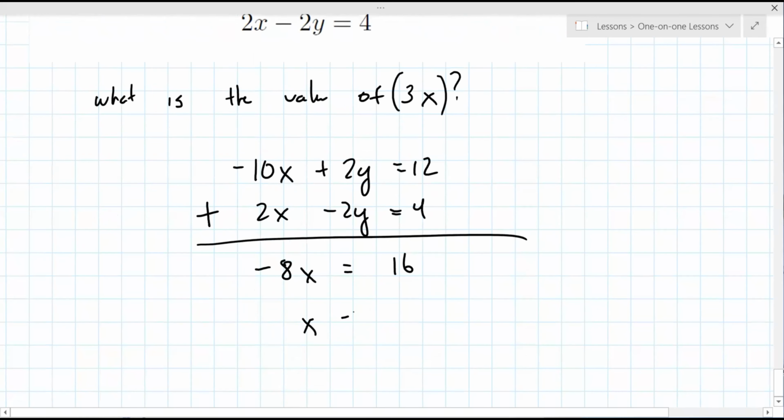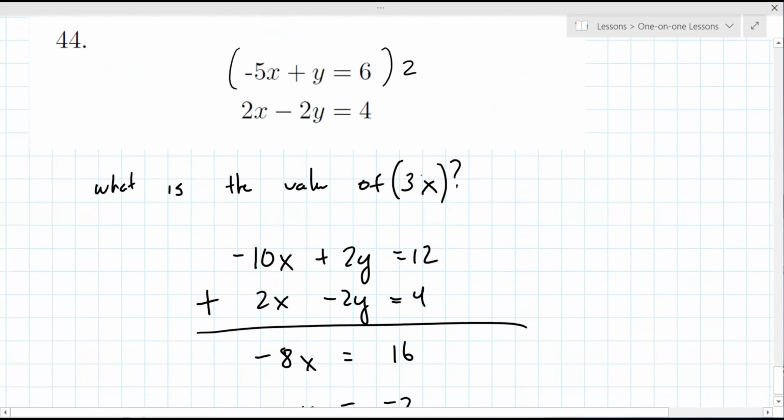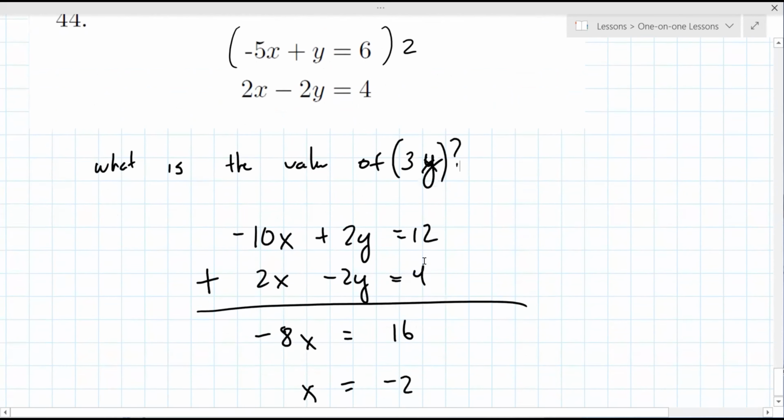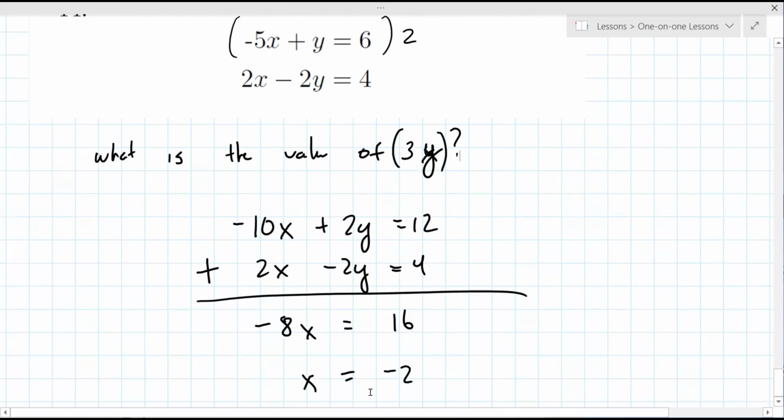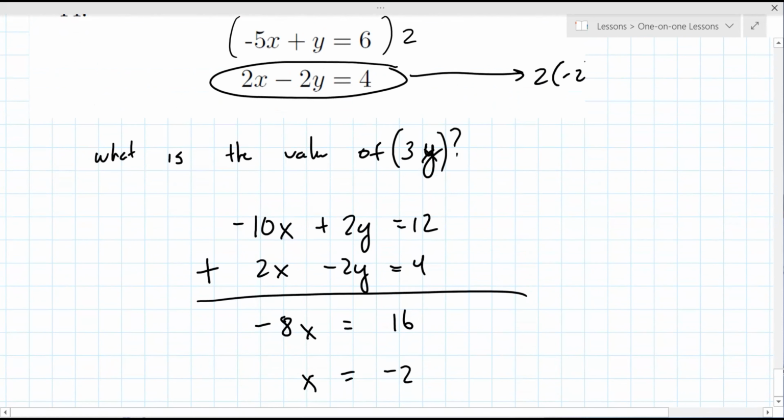So let's just carry this through. So x is -2. I'm sorry, that I gave you the wrong information. It wouldn't ask for 3x. It would ask for like 3y, because y is the one you eliminate first. So x is -2. Let's go back to this equation here. 2 times -2 minus 2 times y equals 4.